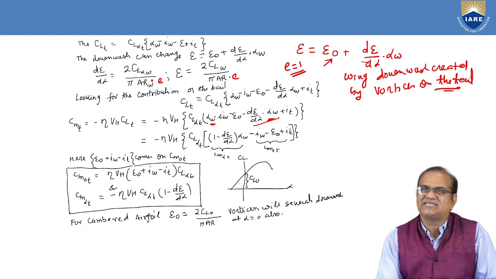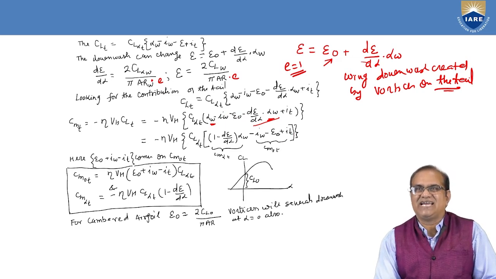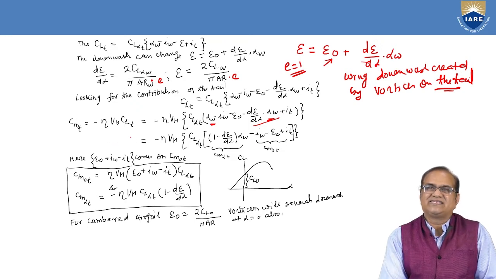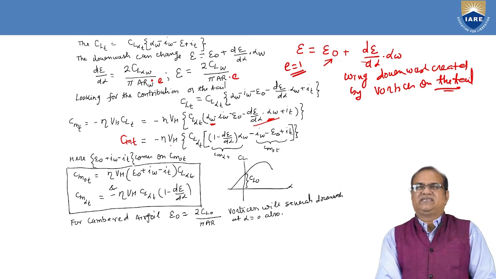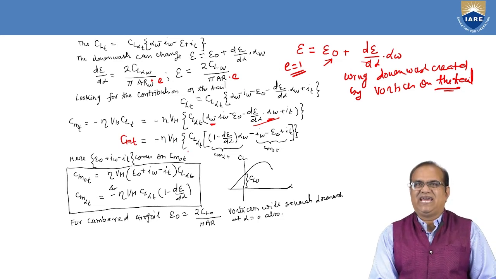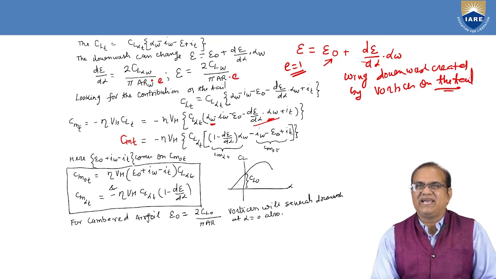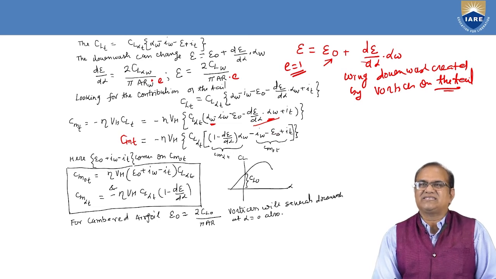So 1 minus d epsilon by d alpha into alpha W minus IW minus epsilon naught plus IT. So now I got here that CMT is equal to minus eta VH CL alpha T 1 minus d epsilon by d alpha into alpha W minus IW minus epsilon naught plus IT.